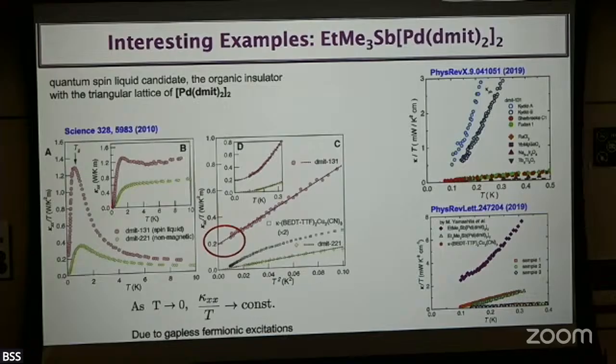I'm not showing this data to say that this group did anything wrong. I'm not saying that at all. All of them are very reputable people and I dearly trust them. This example really illustrates how difficult the measurement is and how many things can go wrong.